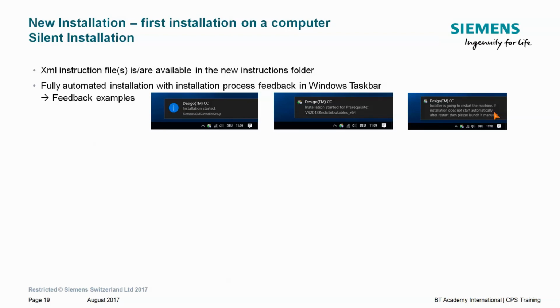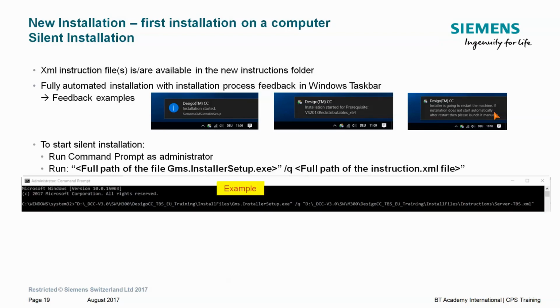So this is the way the process of a silent installation is shown in the Windows taskbar. To start the silent installation, this is now different to the way we start custom installation and semi-automatic installation. We need the command prompt.